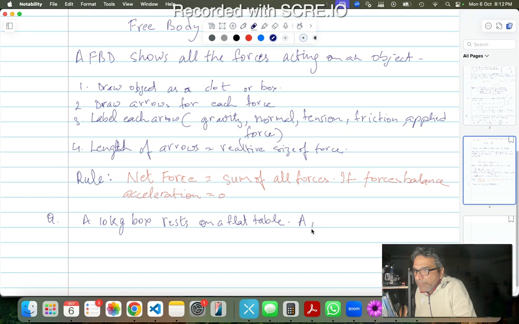A person pushes it with 40 Newton force to the right, right?